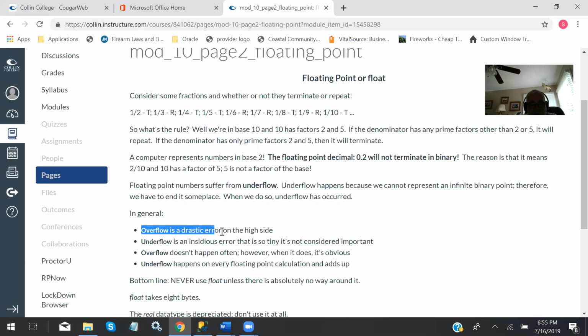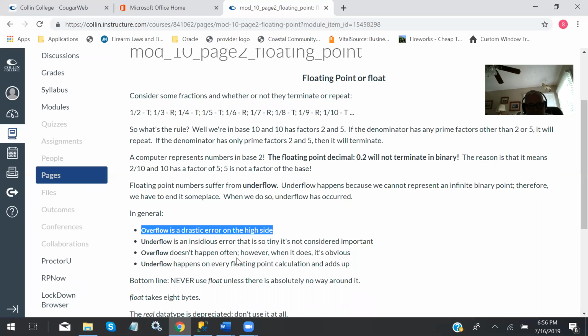Overflow is a drastic error on the high side. Overflow is integers. Integers overflow. Floating point decimals do not overflow. Underflow is an insidious error that is so tiny it's not considered important.